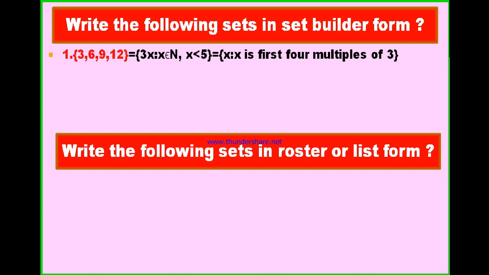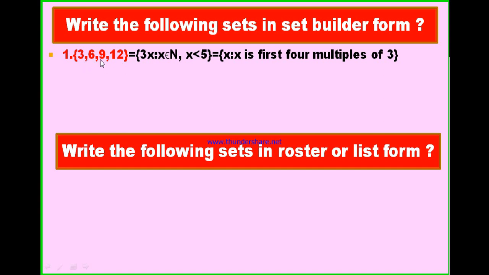Here, if you look at this, you can observe 3x such that x belongs to N and x is less than 5. Now what are the natural numbers less than 5? 1, 2, 3 and 4. Therefore substitute x is equal to 1: 3 into 1 is 3, 3 twos are 6, 3 threes are 9, 3 fours are 12.